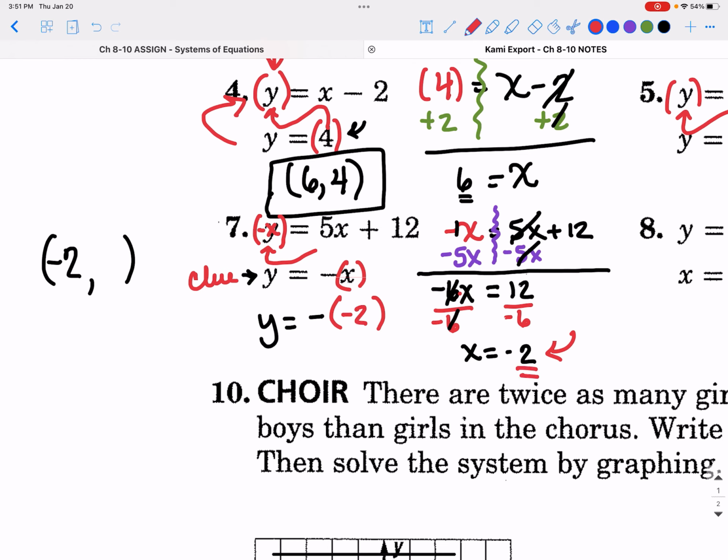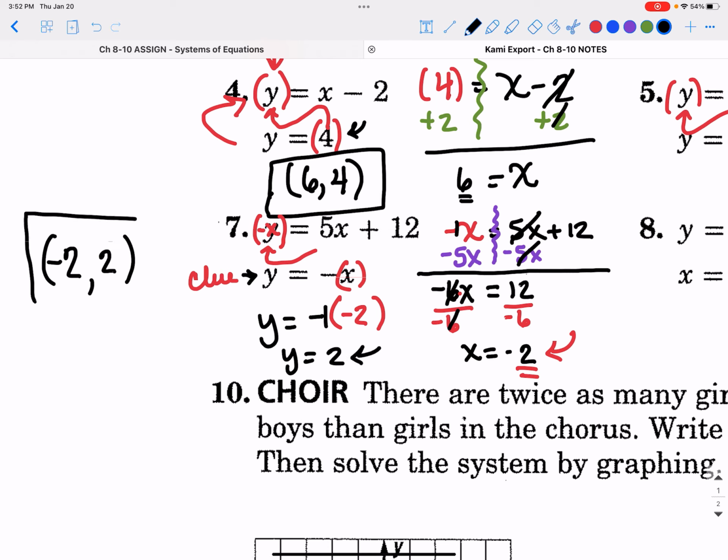I found that out over here. So the only thing I have to do here is distribute, really this is a -1, right? So -1 times -2 is +2. So when I come over here to my answer, I'm going to put a +2 in for the y spot because that's what I got right here.